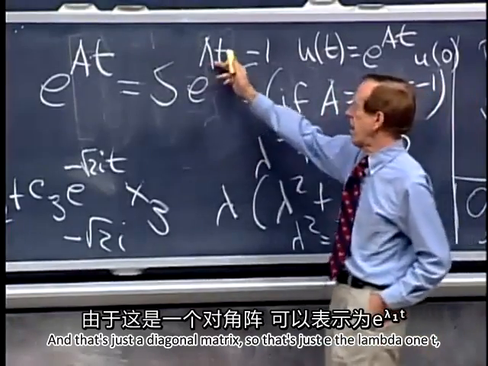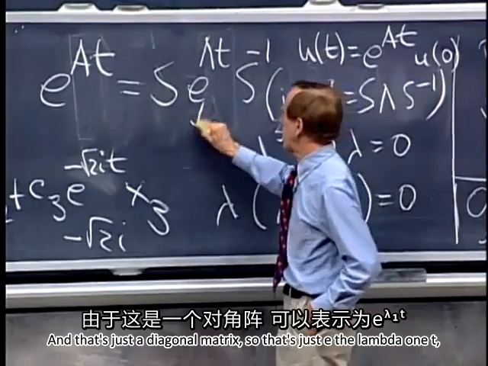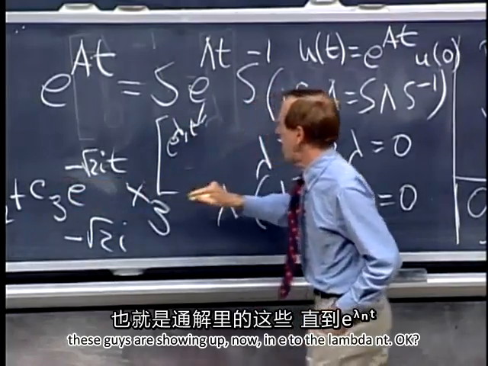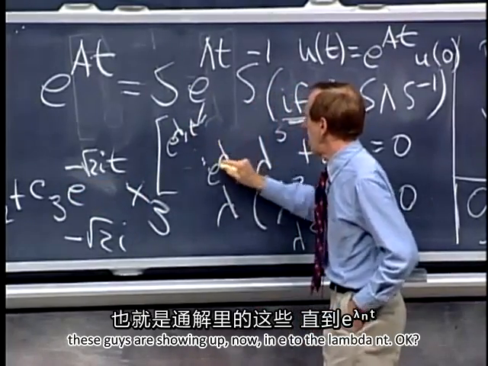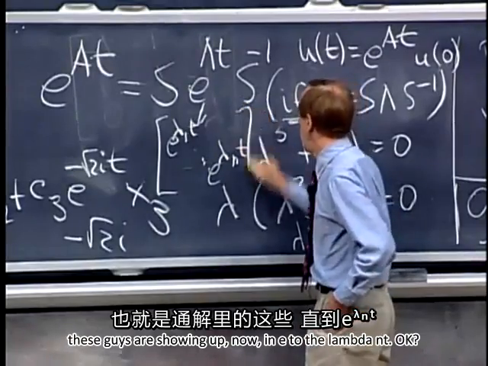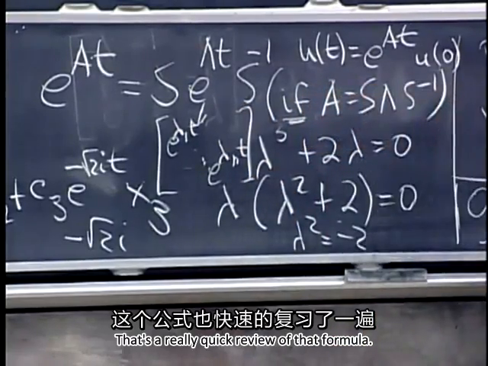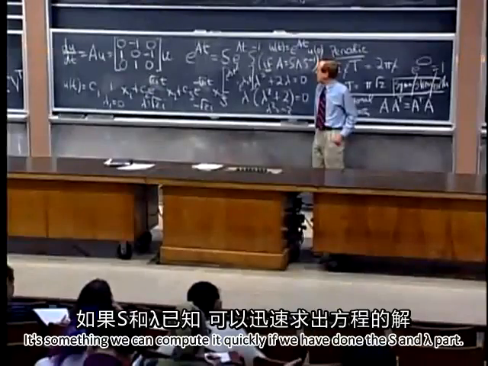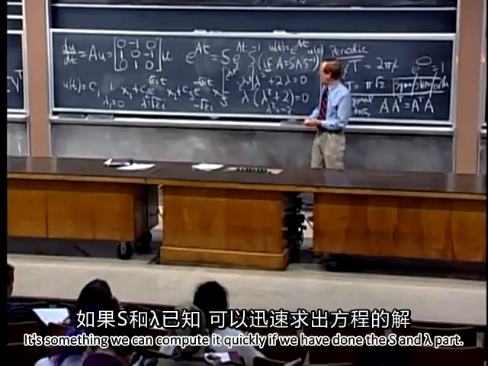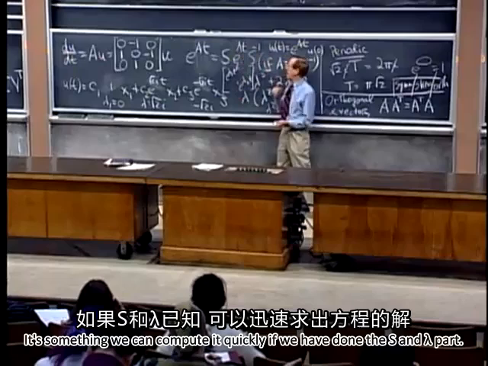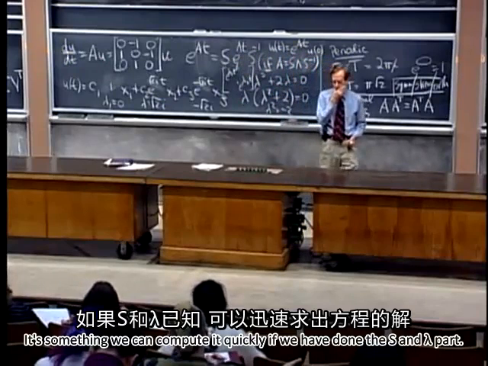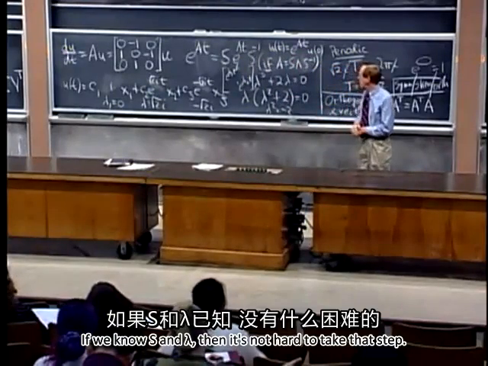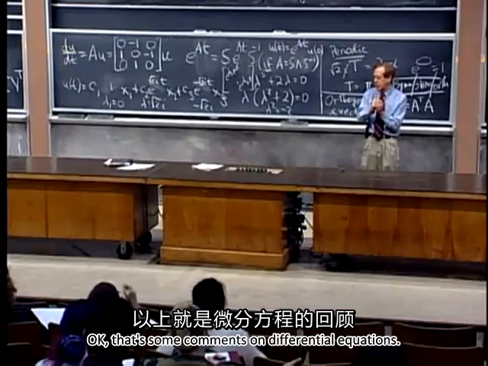And that's just a diagonal matrix, so that's just e to the lambda 1 t, down to e to the lambda n t. Okay? That's a really quick review of that formula. We can compute it quickly if we have done the S and lambda part. If we know S and lambda, then it's not hard to take that step. Okay, that's some comments on differential equations.